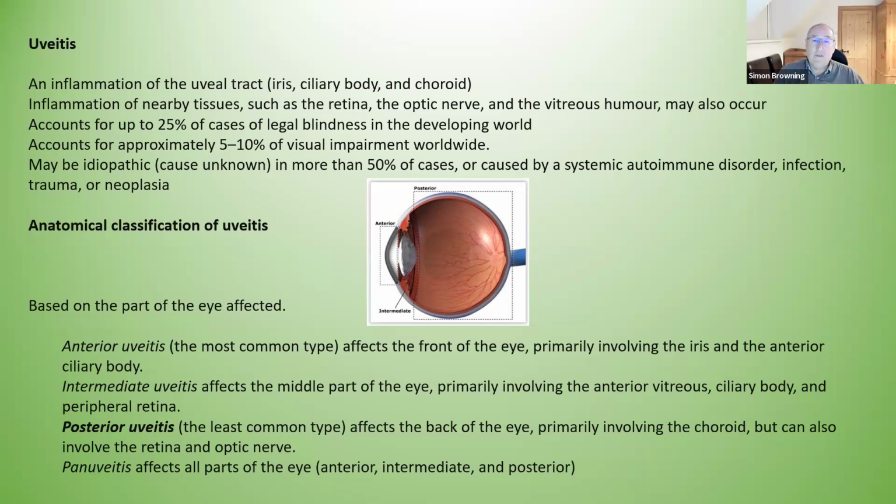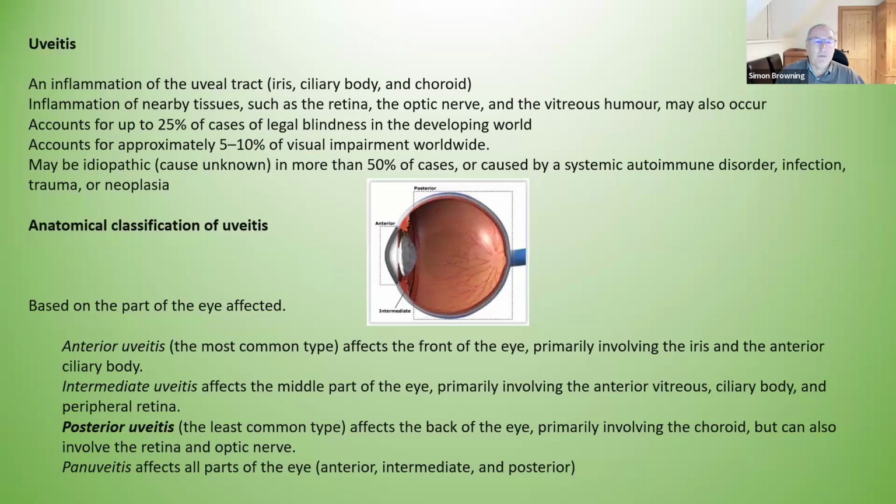As you can see, it accounts for 25% of cases of legal blindness in the developing world and 5 to 10% of visual impairment worldwide. So these inflammations are really quite important. In 50% of cases, we probably don't know what's causing it, and it's probably a systemic autoimmune disorder.